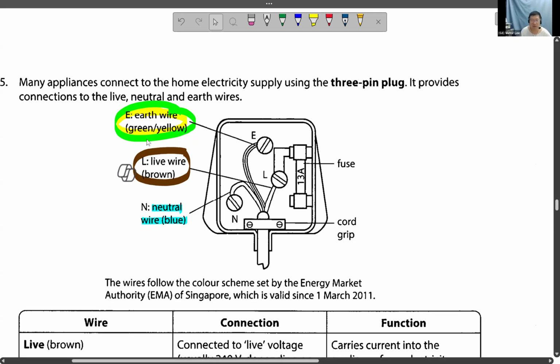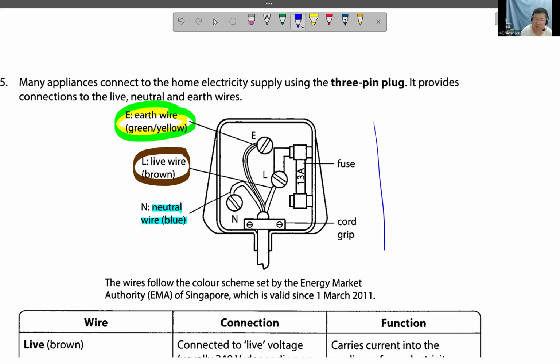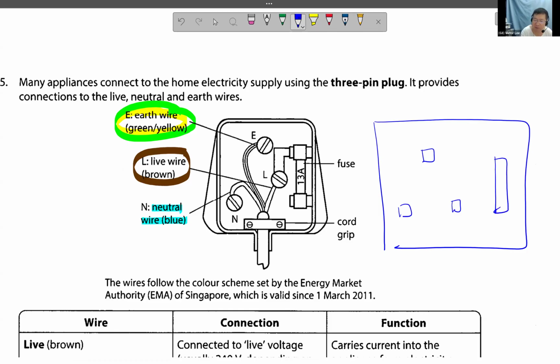Okay, so remember the three colors and remember the positions. You need to know in the power socket, in the wall socket, there are 3 holes. All right, and then there's a switch. So what does each hole represent?